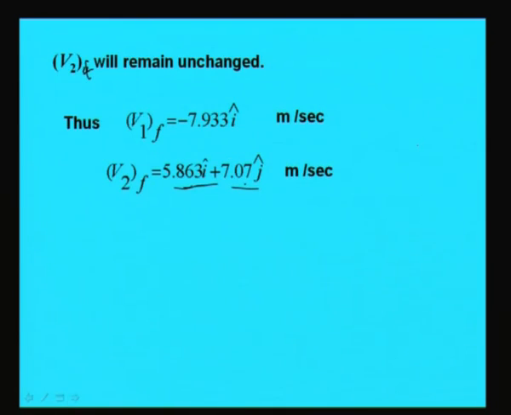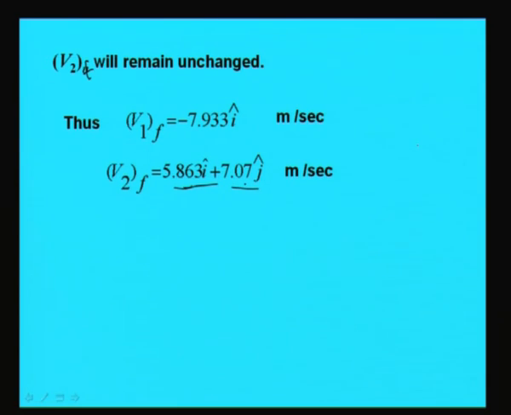So, this is the velocity. By solving the 4 equations we have been able to solve this problem. So these are the basic concepts about the direct and central impact.